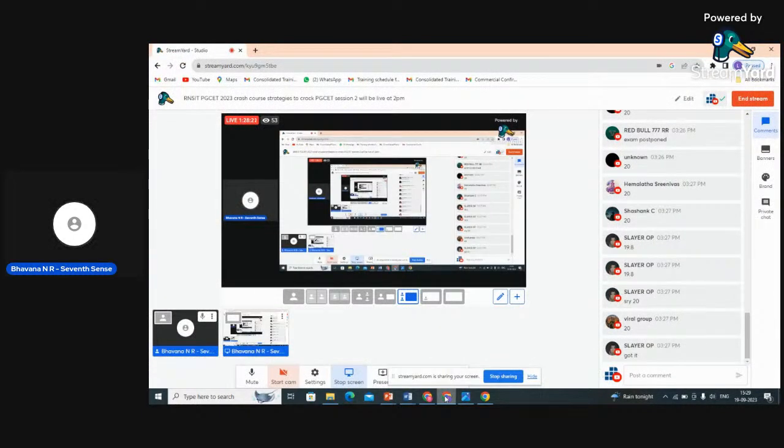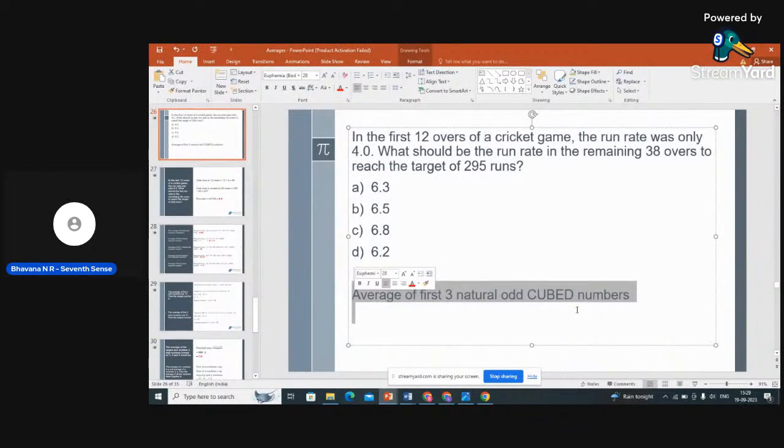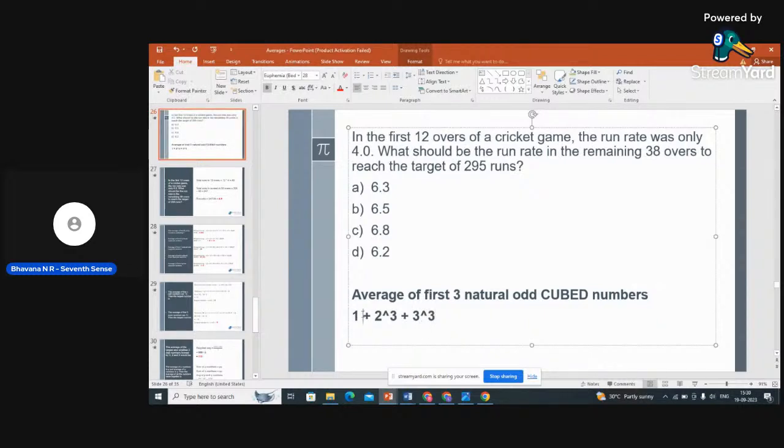What is the answer for this? 1 cube plus 2 cube plus 3 cube. 2 cube means what?